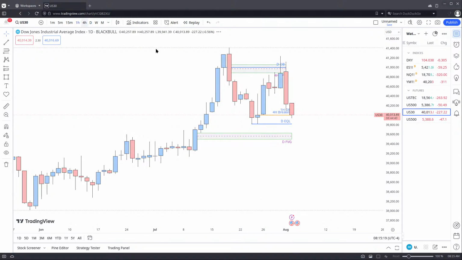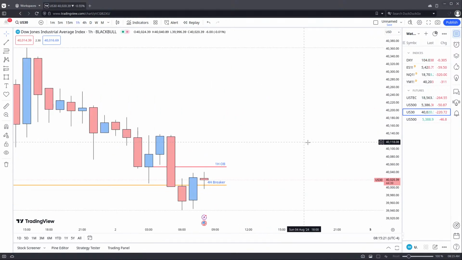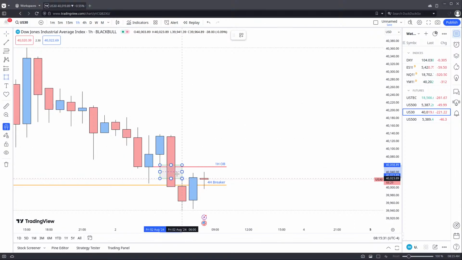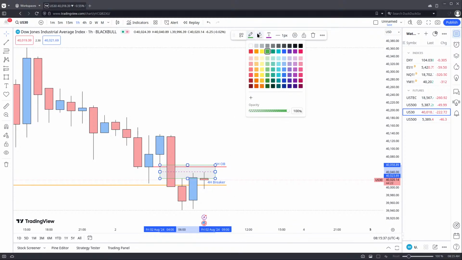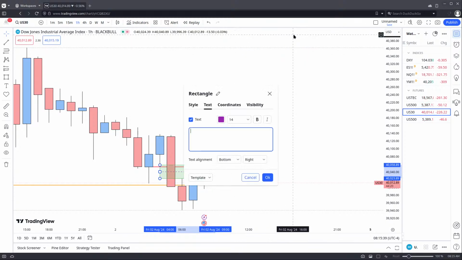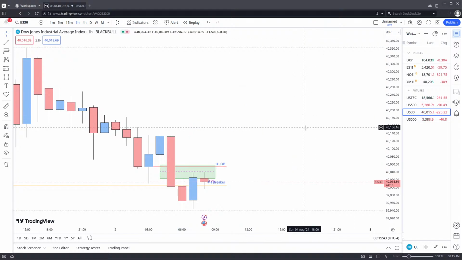You can't miss those. Moving on to a 1 hour, we have the same order block sitting here. We also have a fair value gap here. I'm going to actually take note of this fair value gap. We can take a look at this level. Take note of that.